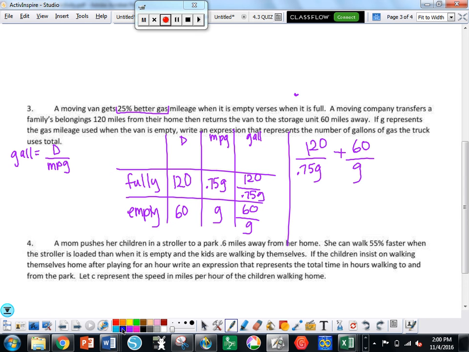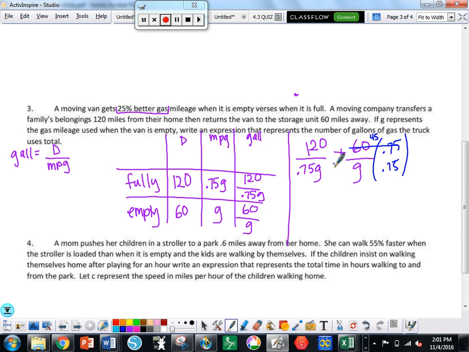We need a common denominator. Multiply the top and the bottom by 0.75. Let me get my answer key so I don't have to use a calculator. This becomes 45.